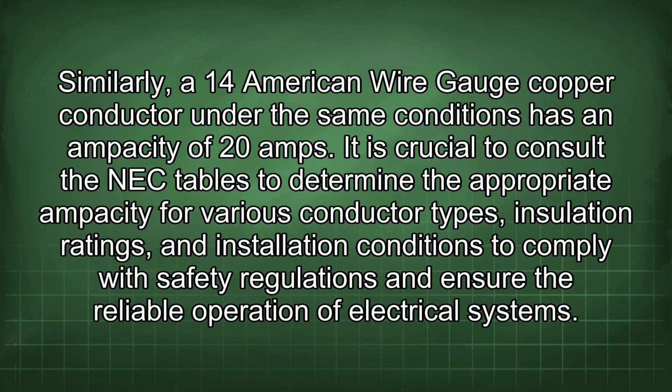Similarly, a 14 American wire gauge copper conductor under the same conditions has an ampacity of 20 amps. It is crucial to consult the NEC tables to determine the appropriate ampacity for various conductor types, insulation ratings, and installation conditions to comply with safety regulations and ensure the reliable operation of electrical systems.